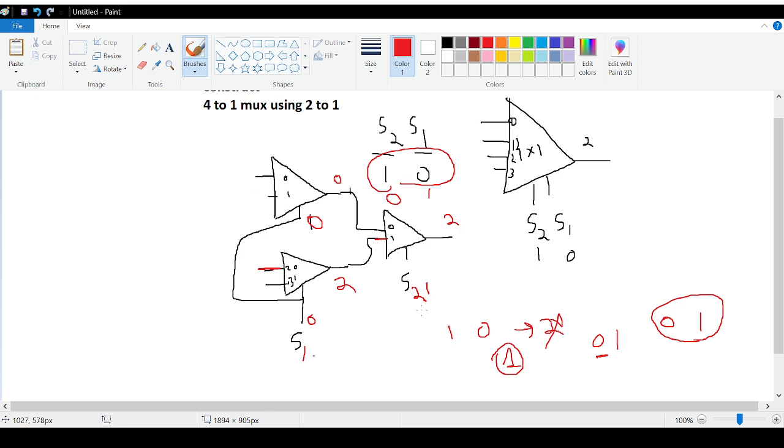So remember, the mux you have in the initial stage holds the LSB, and the mux that comes later holds the MSB. So this is actually S2 and this is actually S1. Whenever you construct muxes, you must show the selector bits, and which selector bit is MSB and which is LSB.